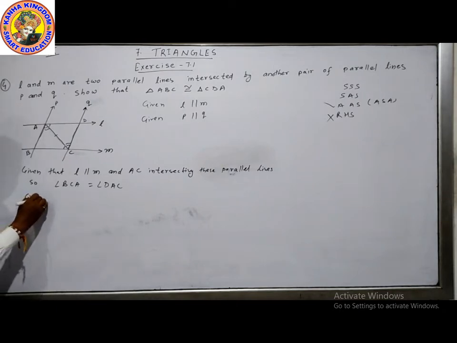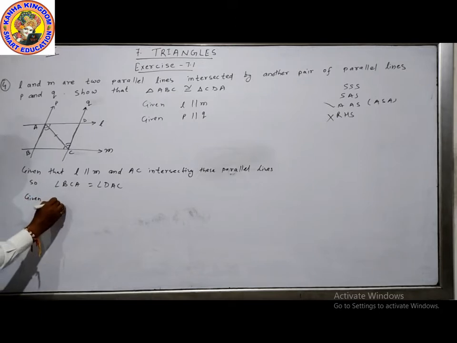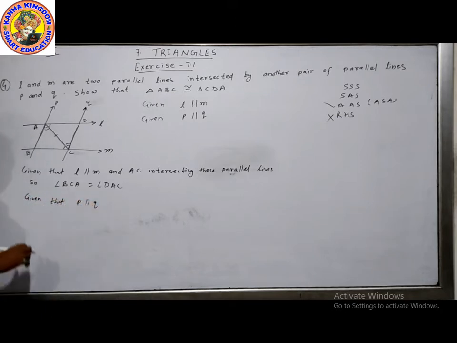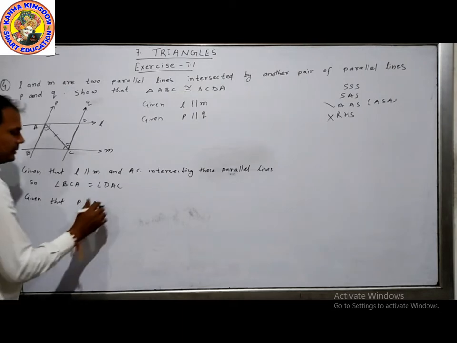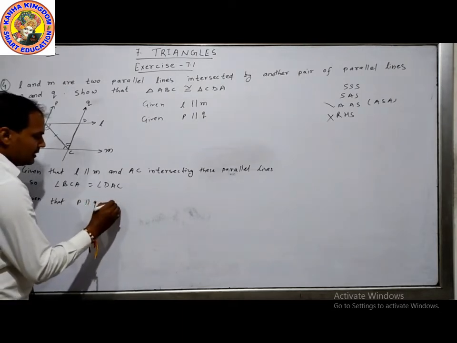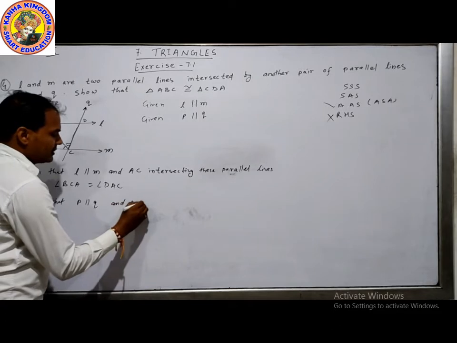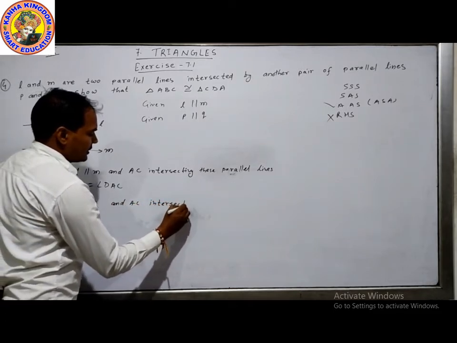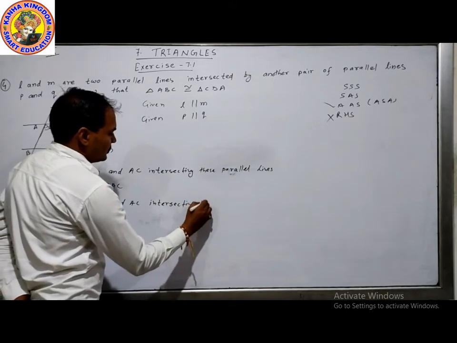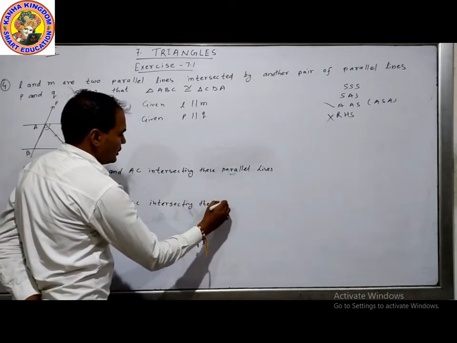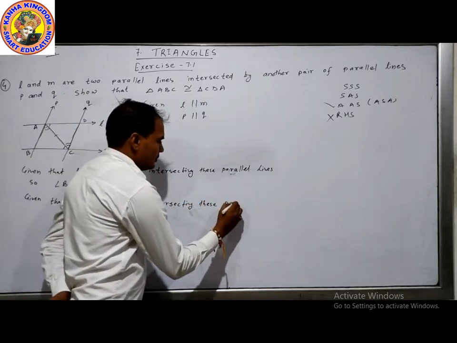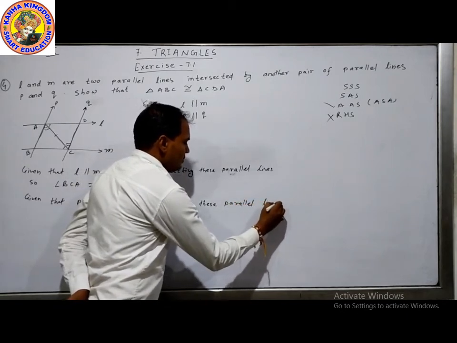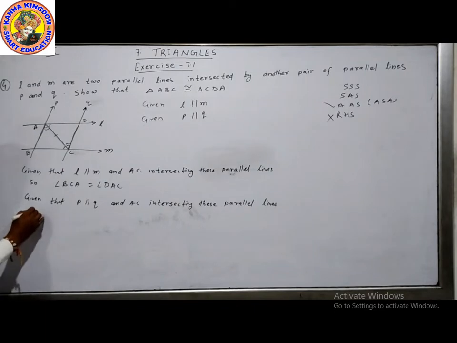Next we take parallel lines P and Q. Given that P and Q are parallel and AC is intersecting these parallel lines.